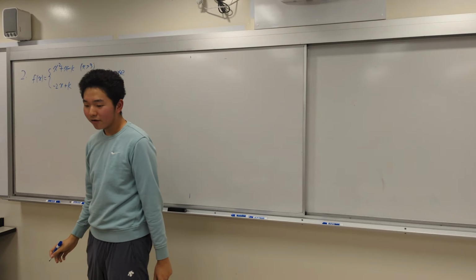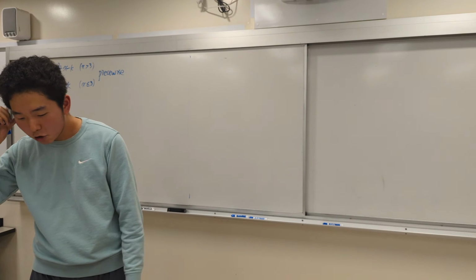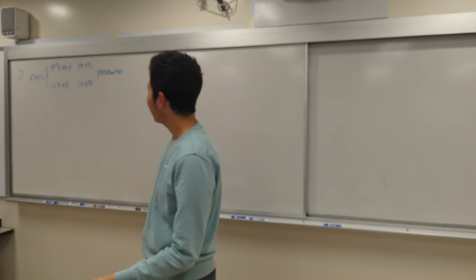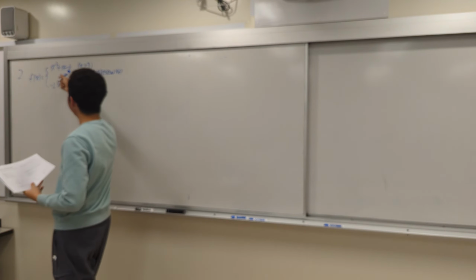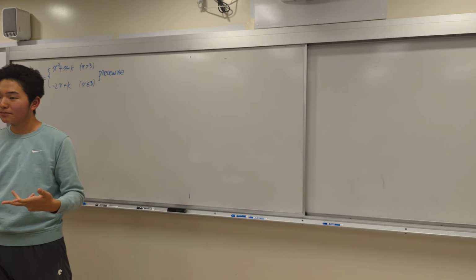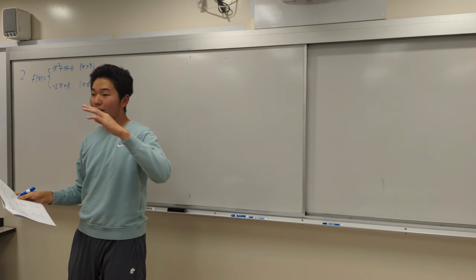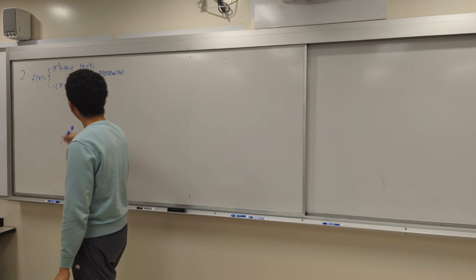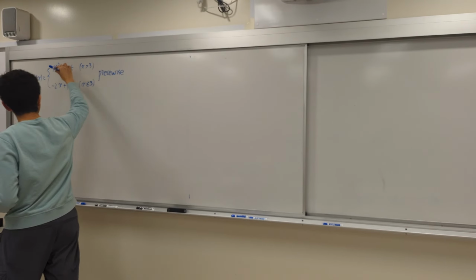Right, so what's going on here, guys? The limit as x goes to 3 exists. And we have to find our unknown k, right? So what does the limit exist mean? The left-hand limit and the right-hand limit have to exist, and they have to equal each other, right? But what's the right-hand limit here? The right-hand side is what? This side, right?